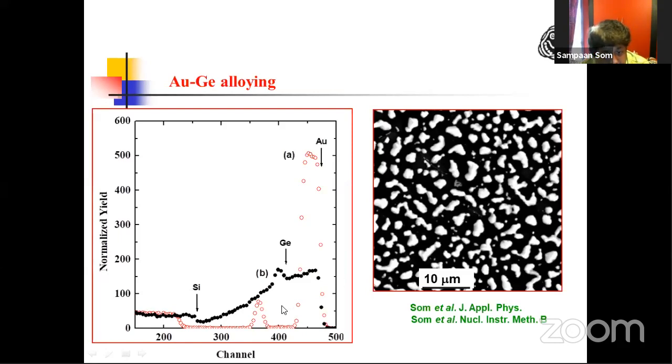Here again, the signal for gold is intact, but very interestingly, you get to see that germanium has also started appearing at its designated surface position. That means had germanium been at the top, the helium particle would have got backscattered from that energy.